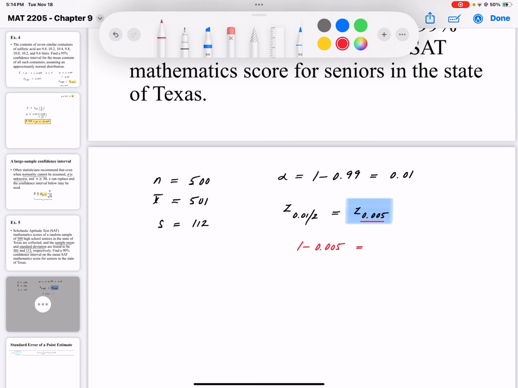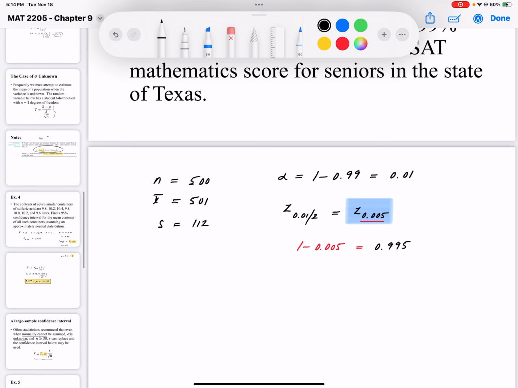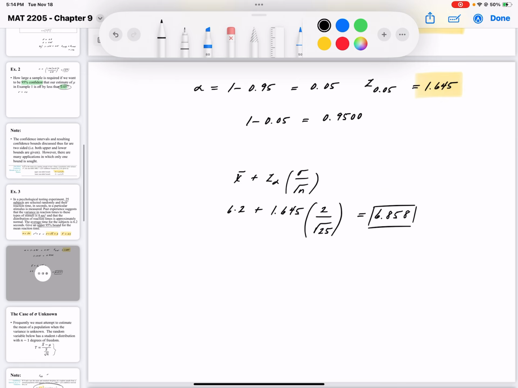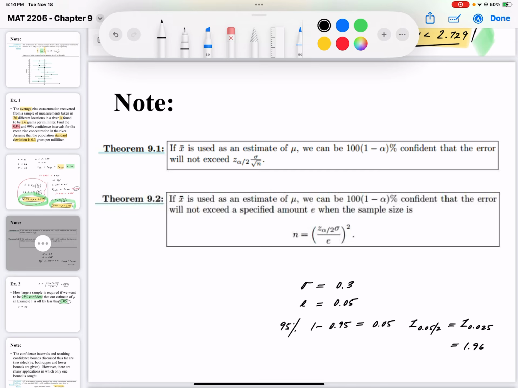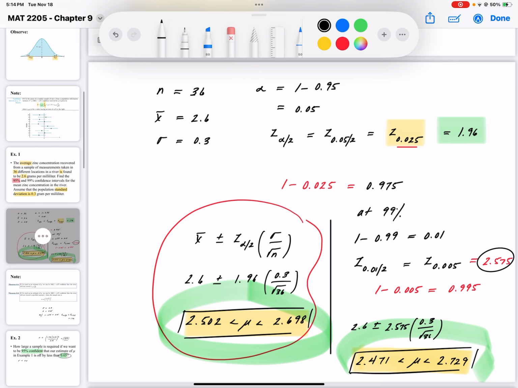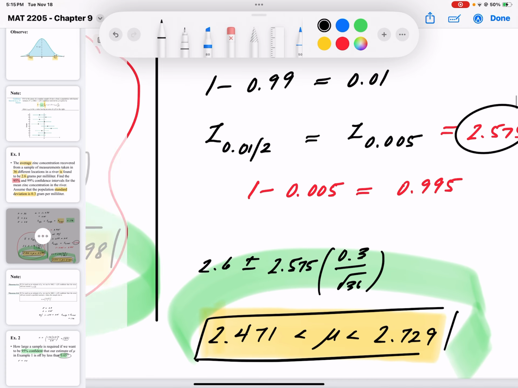I feel like we've done this already. Did we have a z-score of 0.995 already? Yes. See that? We already found this.